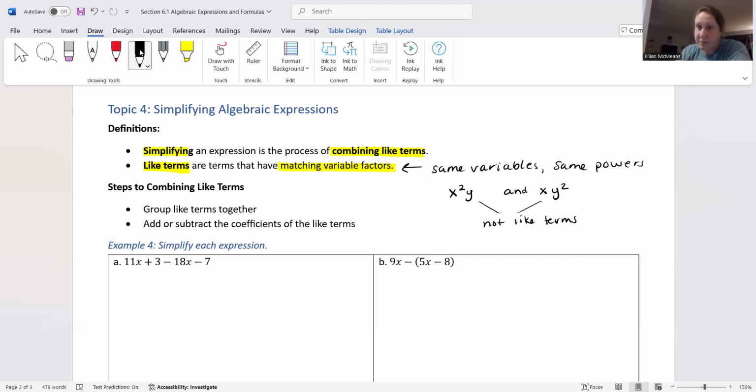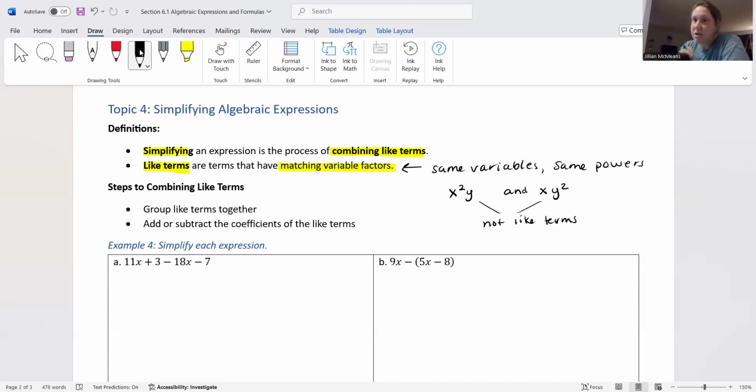They have to have the same variables and the same exponents on the same variables for them to be considered like terms, okay? So like x and x squared, not like terms, same variable, different exponents, okay? x squared y, x y squared, not like terms, same variables, same powers, but the powers are on the wrong variables, okay? So just be really careful.